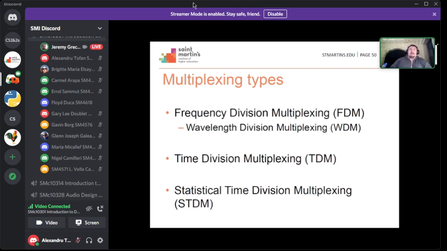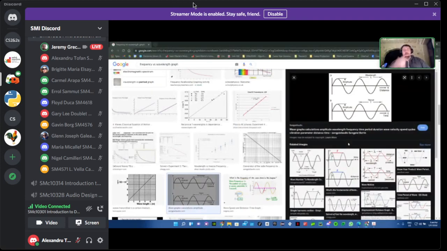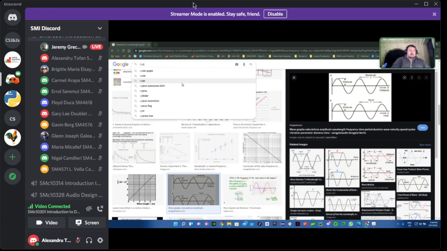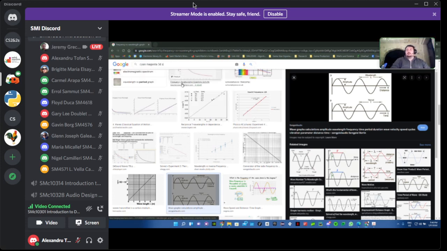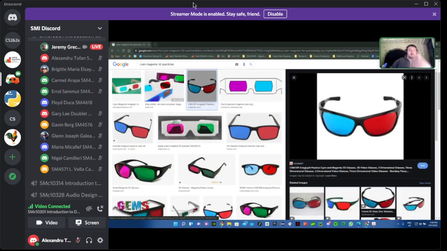The best example that I can show you, so that you have a physical understanding of the same principle, is the cyan and magenta 3D spectacles. You probably have seen these in the past.